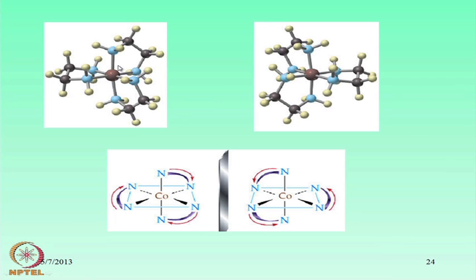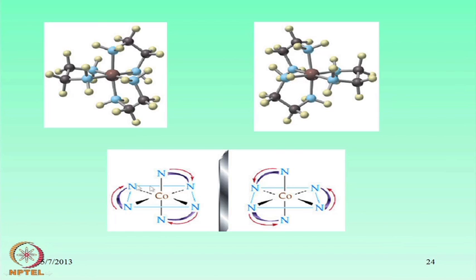Once this 3-dimensional arrangement is in our hand, we write it in this particular form. We write the cobalt and the particular square plane, then the atom which is above the square plane and the atom which is below the square plane, and then we complete the connectivity through the ethylene backbone.